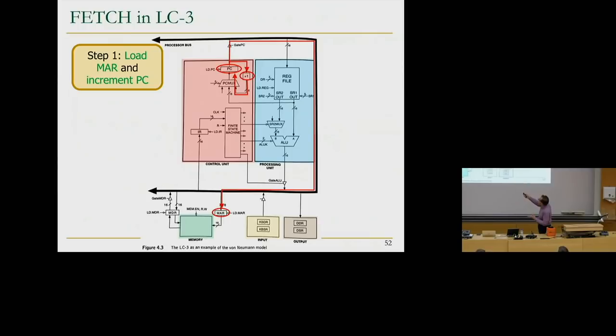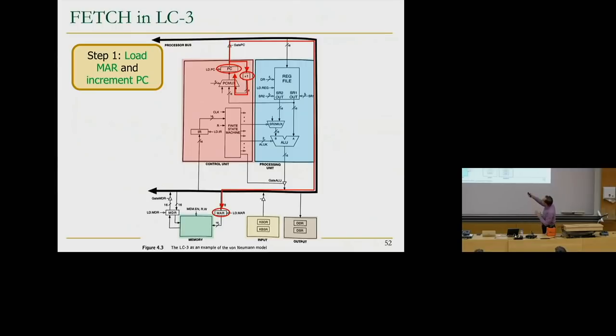You set your control signal so that in the first cycle of the fetch stage, the PC mux selects this input, and you enable the load PC. Now, there's concurrency happening here, right? While you're getting the old value of the PC into MAR, you're also changing the value of the PC, but both of them are happening concurrently.